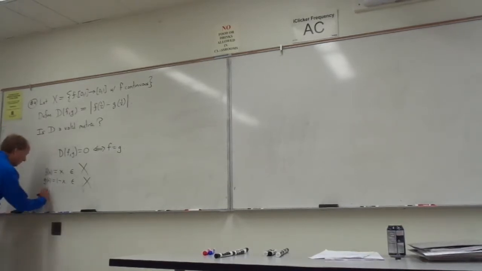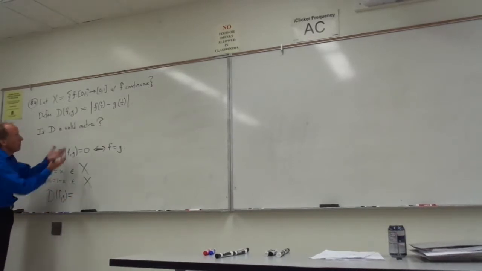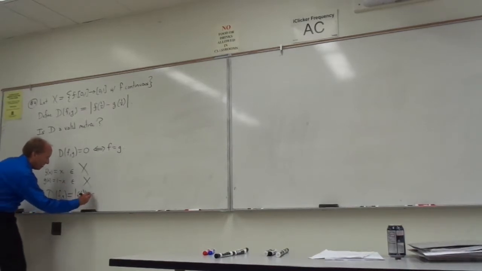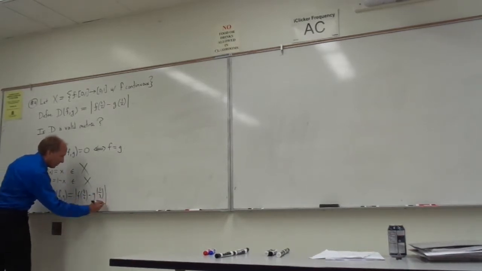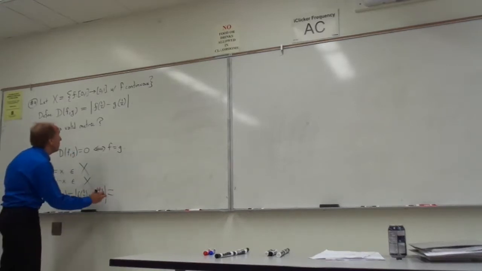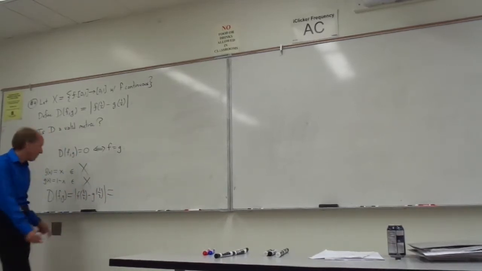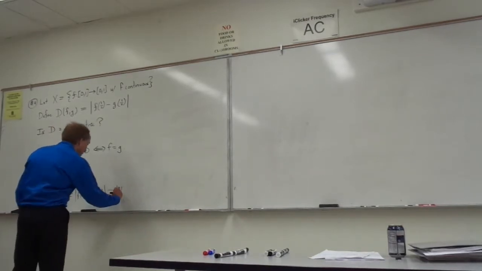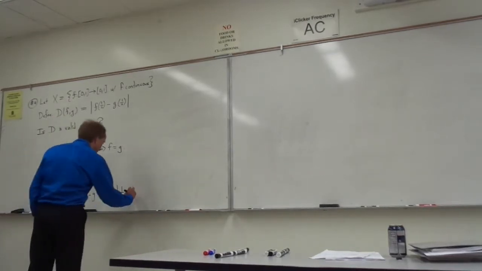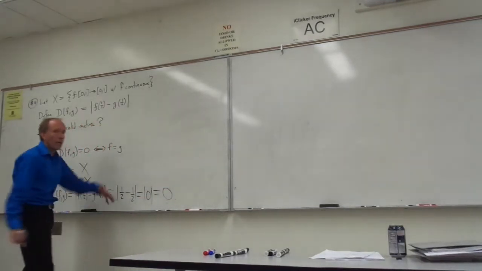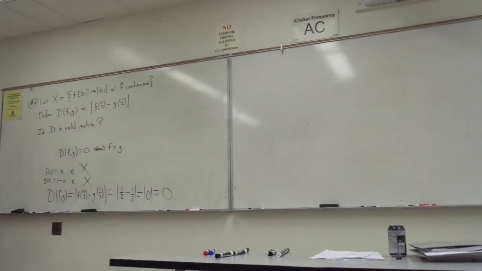So in this case, the distance from f to g is, well, you could write it out, I guess: absolute value of f of 1/2 minus g of 1/2. Or you could literally just write equals 0 here, I would take that, because it's pretty clear, right? f of 1/2 is obviously 1/2, and g of 1/2 is obviously 1/2. It's totally unnecessary to write all that stuff down, but that's fine.